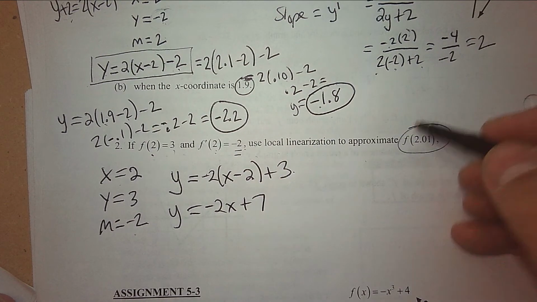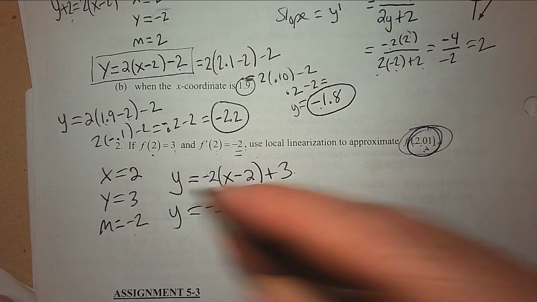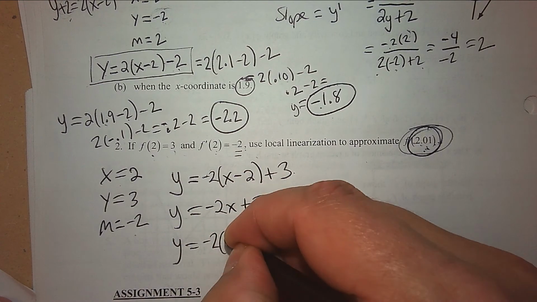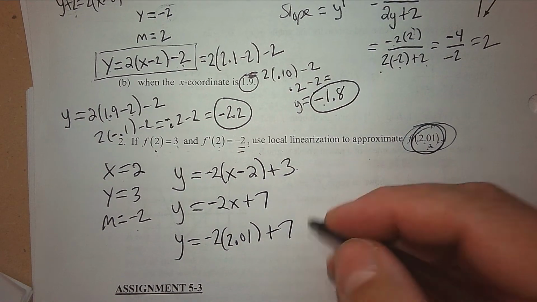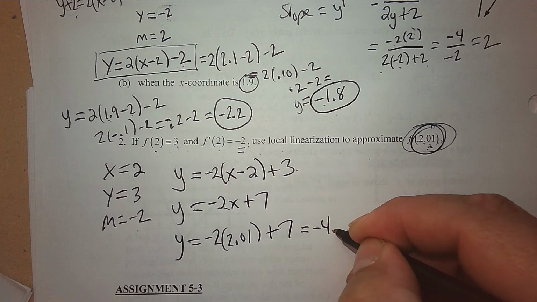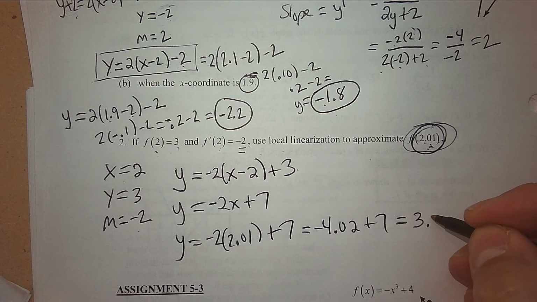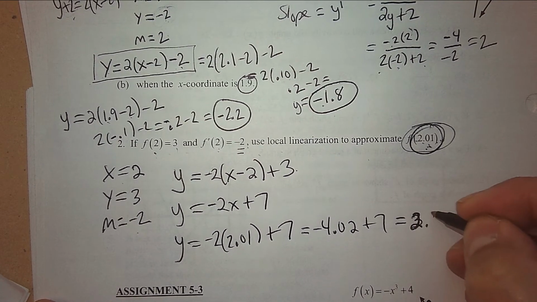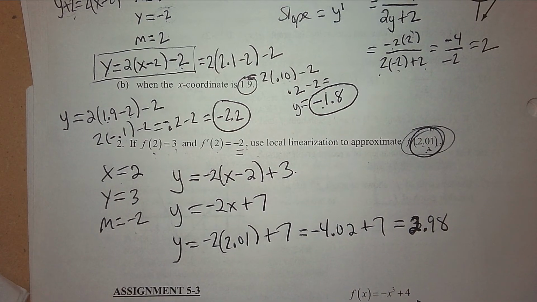And what do I want to approximate? At which one? 2.01. So what number do I put in for x? And then I solve it. 2.98. Right? And so number 2 is an example where you don't even have a function to plug into to find a y-coordinate. But we use the tangent line to approximate a close answer to it. That's the lesson.